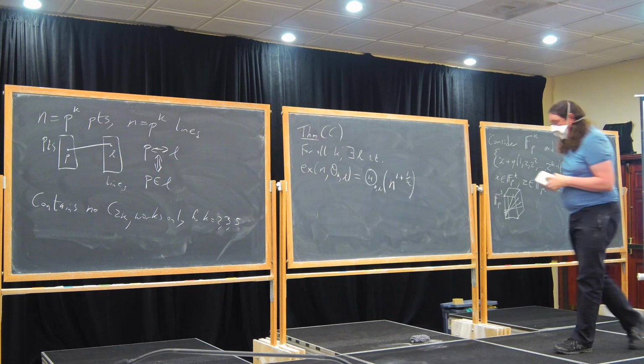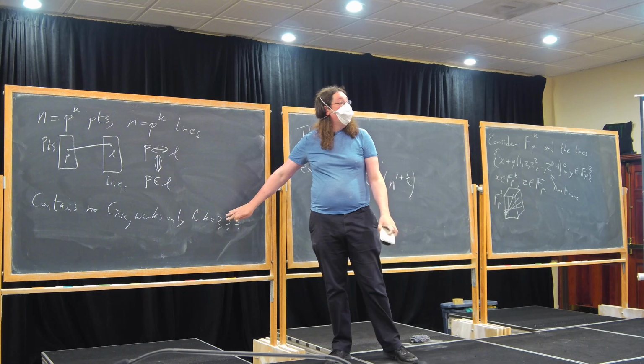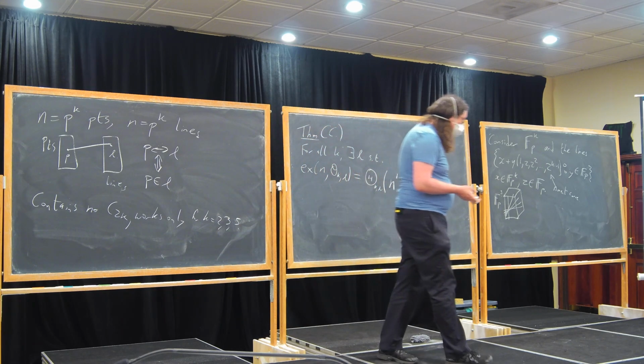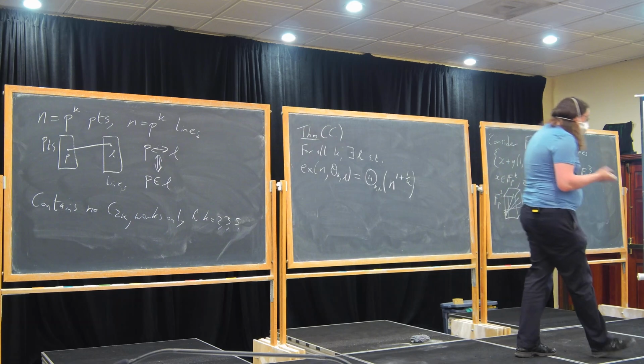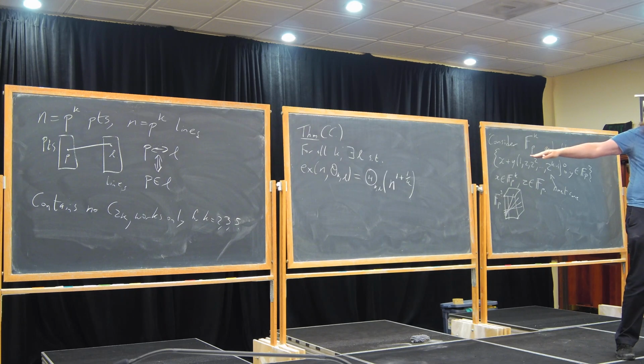So for example, the k equals 3 constructions are connected to what are called generalized quadrangles. And there's something called the Feit-Higman theorem, which says that these generalized polygons, as they're called, only exist for these values, essentially. So at least coming from the algebraic side, there's good reason why these things exist.